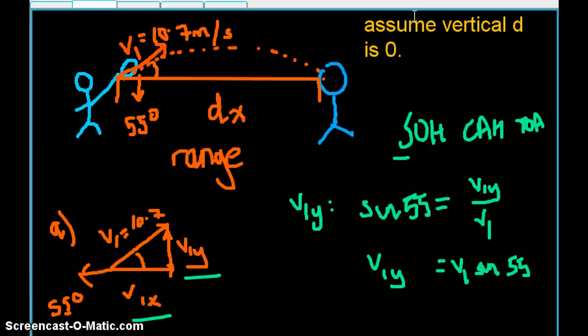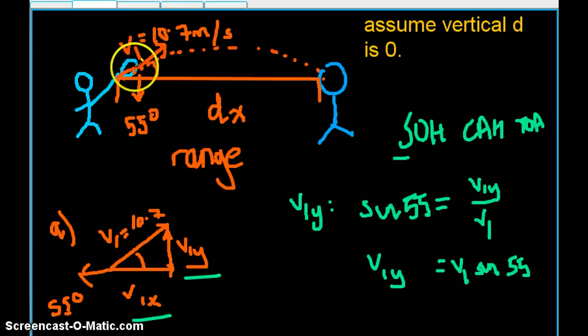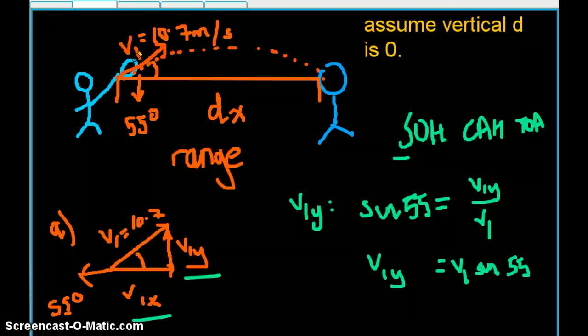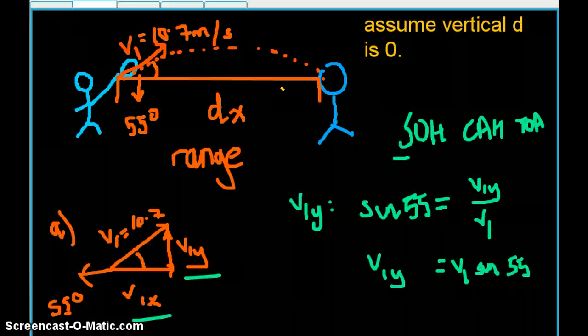So you can think of it as, okay, where he's launching it from is ground level, although I know it's not the ground. The ground is at his feet, but we're just taking this point as a reference point. It's 0, just to avoid any complications, because that would make this problem a little bit more complicated if we're taking the quarterback and the wide receiver's height into consideration, and that would be a little bit complicated for this level.